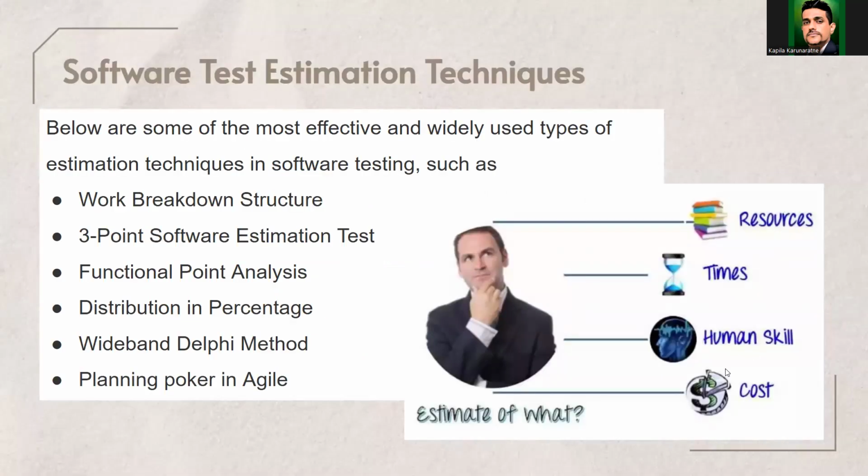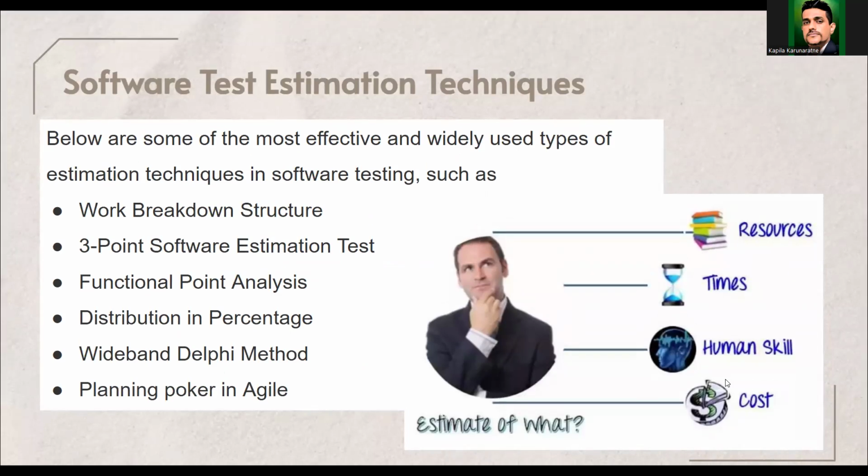Okay, so we'll look at the different types of estimation available. There is a large number of techniques, so I have selected a set of a few that are highly used in industry. We'll deep dive into these techniques later.